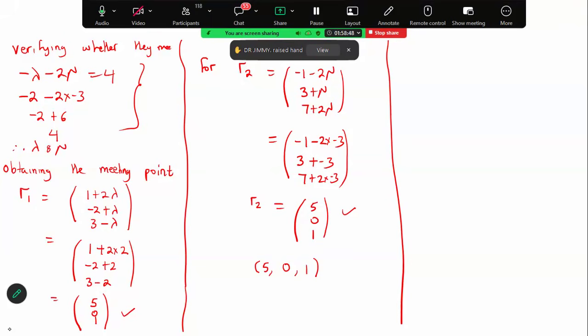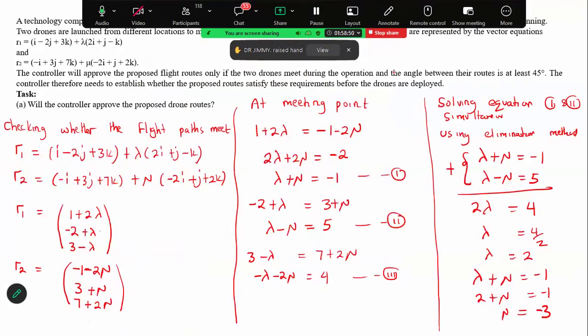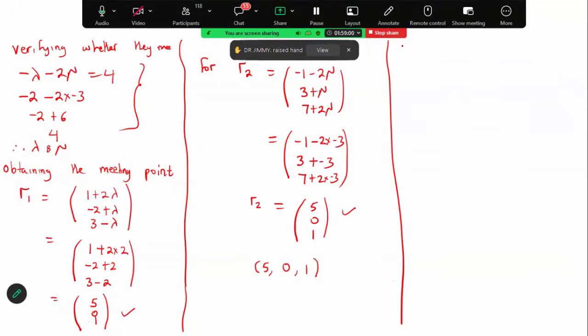But remember, they went on and asked you to also find the angle between their routes if it is at least 45 degrees. So now you're going to go on. Like I've said, always define what you are doing. So I'm going to say obtaining the angle theta between the drone routes.